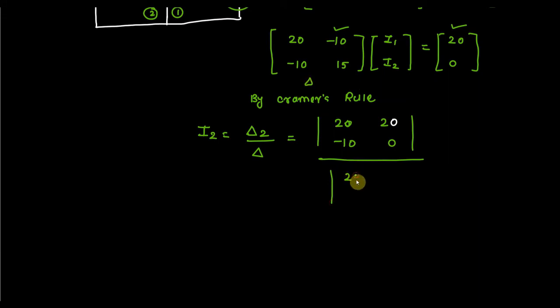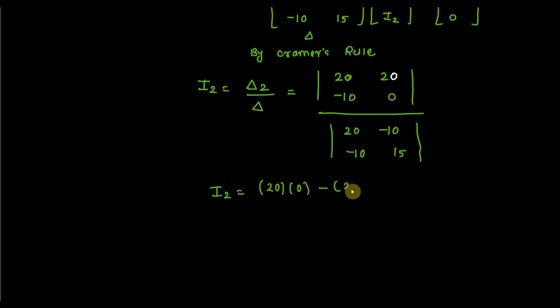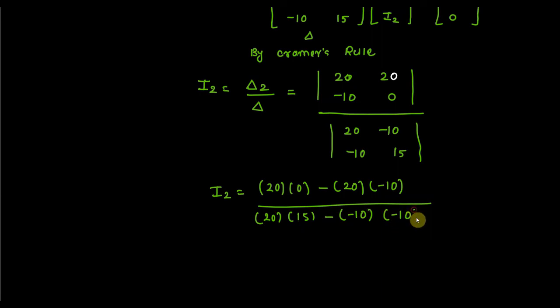So it is 20, minus 10, minus 10, 15. Now just solve this determinant and you will get your answer I2. So it is 20 into 0 minus 20 into minus 10, divided by 20 into 15 minus minus 10 into minus 10.